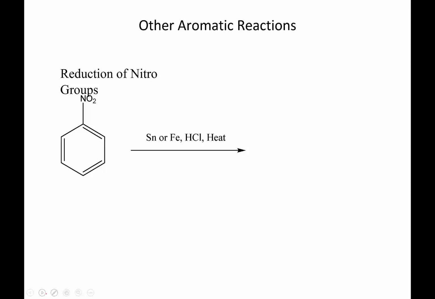The biggest collection is to reduce a nitro group. When you have an NO2 group, you can reduce it to an NH2 group by using iron or tin, HCl, and heat.